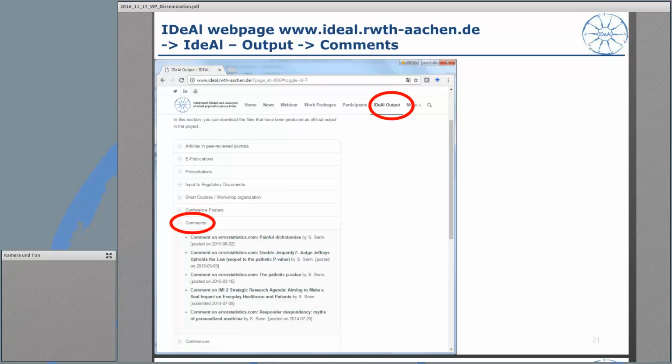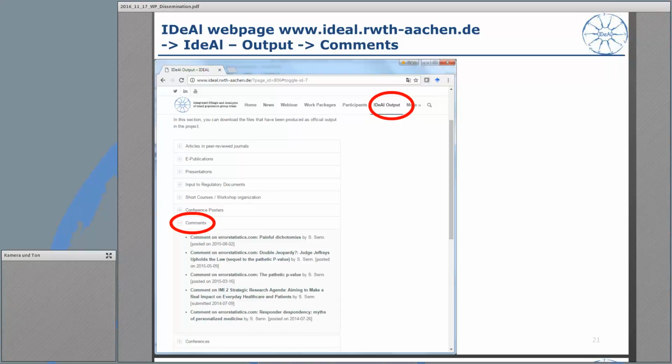And in the following posts, IDeAl team member Stephen Senn takes a critical look at the claim. For example, have a look at the posts on error statistics, the pathetic p-value, or double jeopardy: Jeffreys upholds the law. And if genetic variation is a major component of drug response, then developing treatments for rare diseases may be even more difficult than supposed.